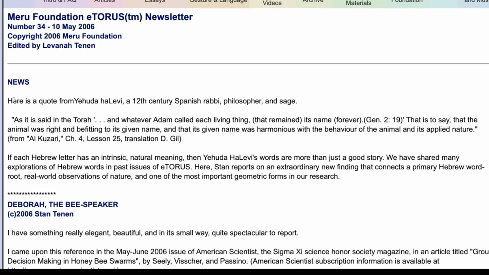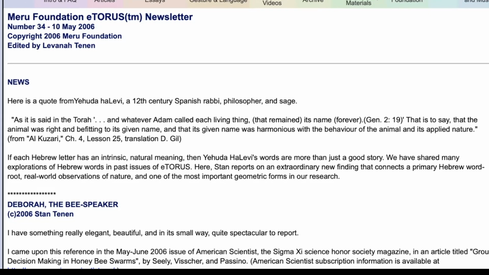"As it is said in the Torah, 'and whatever Adam called each living thing, that remained its name forever,' Genesis 2:19. That is to say, that the animal was right and befitting to its given name, and that its given name was harmonious with the behavior of the animal and its applied nature. If each Hebrew letter has an intrinsic natural meaning, then Yehuda HaLevi's words are more than just a good story.